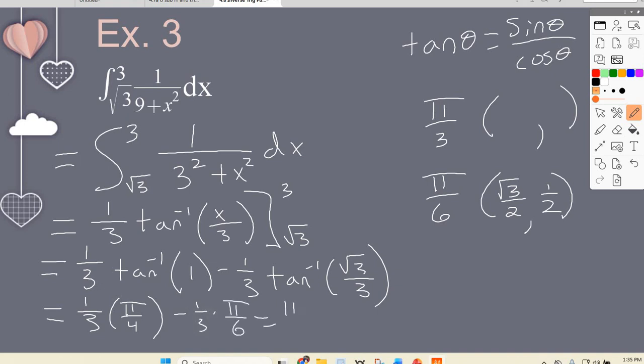So this would become pi over 12 minus pi over 18. And we leave it like that. But like I said, most of us, we should stop here for an FRQ.